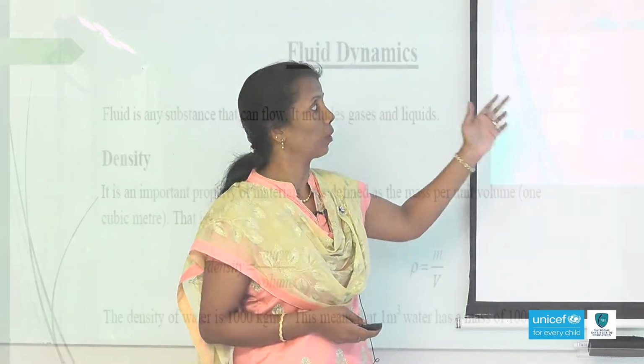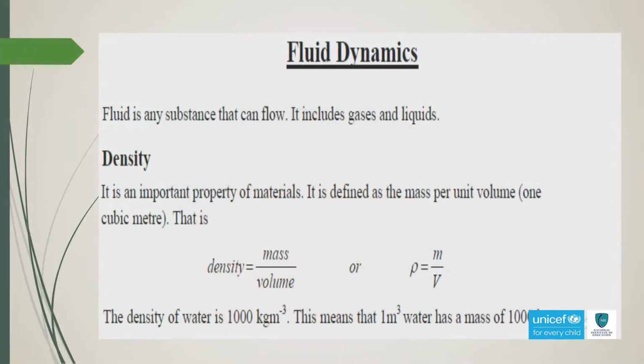In order to understand fluid characteristics, one of the important factors that you should know at this point is the density. Density is defined as mass per unit volume. It's a basic definition of course, mass per unit volume, so the unit is kilogram per meter cube. But why are we stressing this density in fluid dynamics?